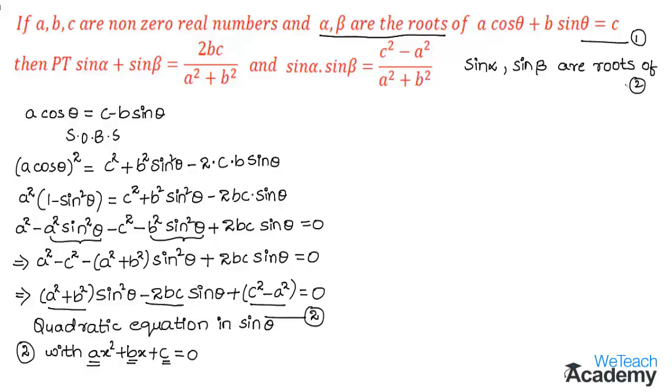And now let us try to prove sin alpha plus sin beta is equal to 2bc by a square plus b square. We already know that the sum of the roots of a quadratic equation is given by the formula minus b by a.